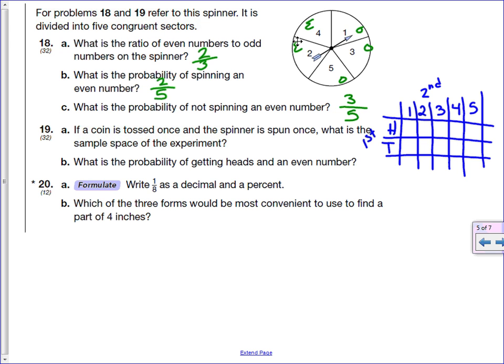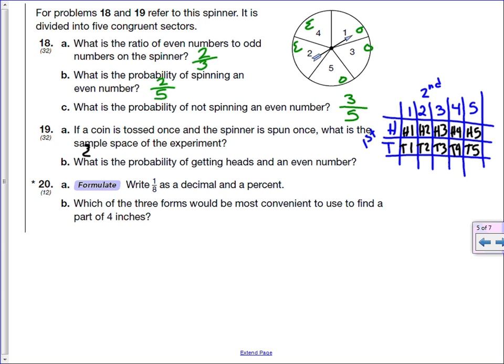So I can either get heads and a 1, heads and a 2, heads and a 3, heads and 4, heads and 5, or tails and 1, tails and 2, tails and 3, tails and 4, tails and 5. So the sample space is all of those things listed together with the squiggly brackets.